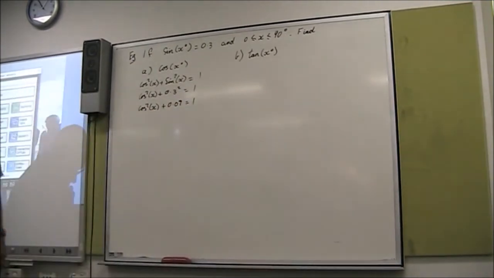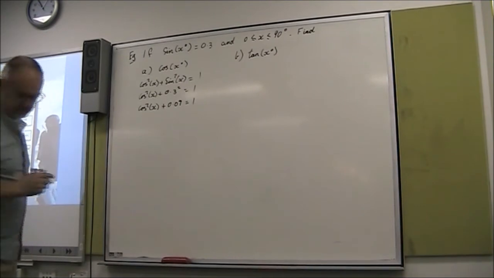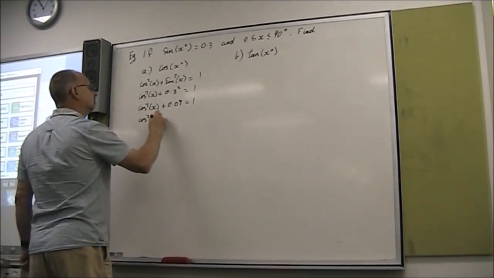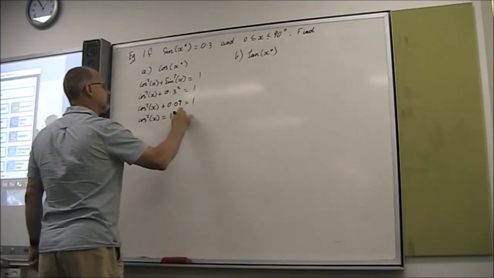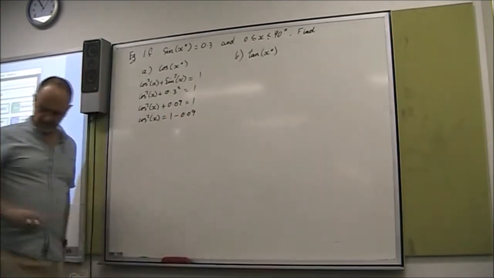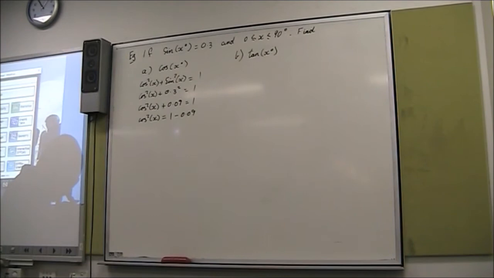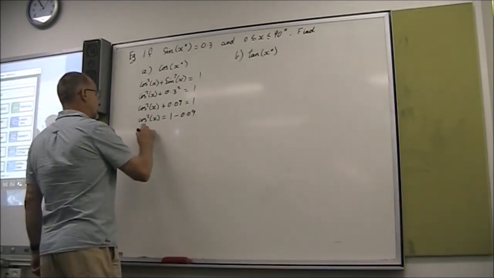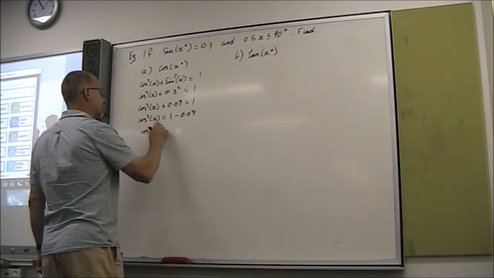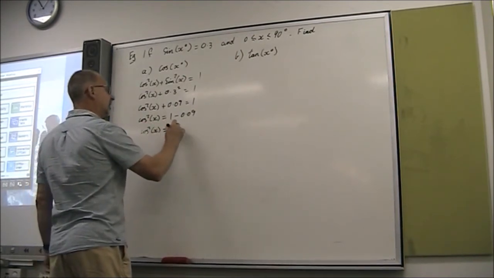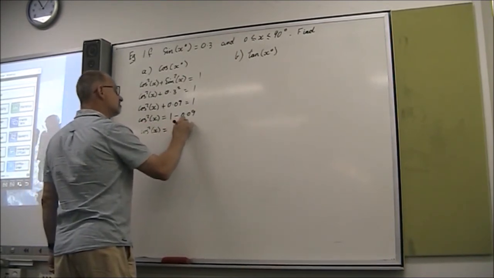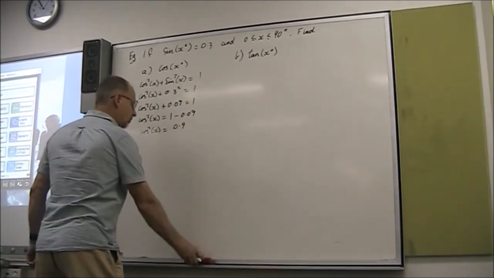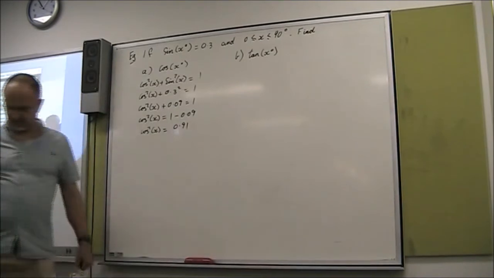Take 0.09 from both sides. And so cos squared x would be 0.99, is it? Oh, 0.91, not 0.99. Oh, I made a mistake.